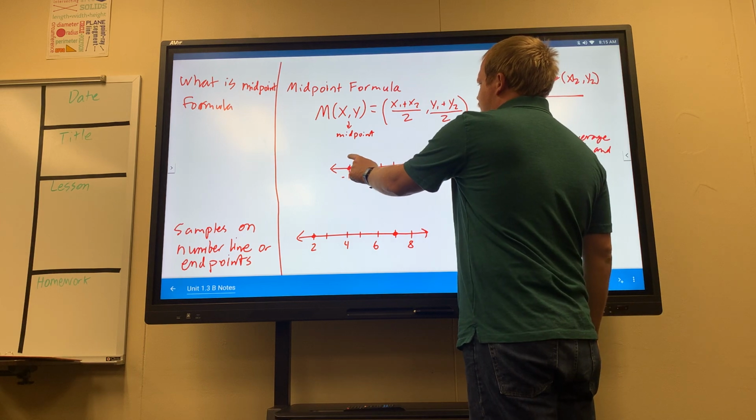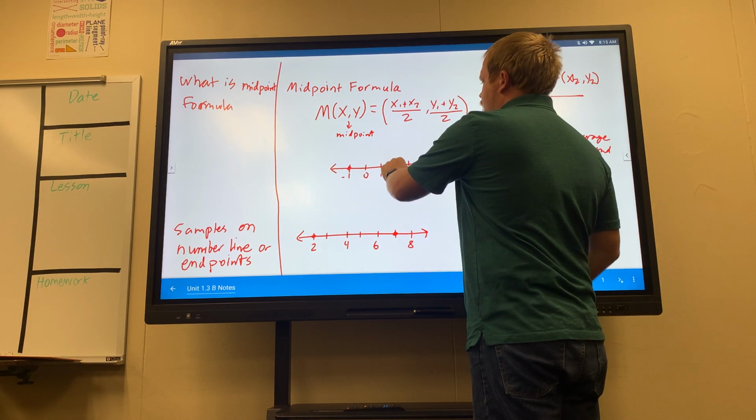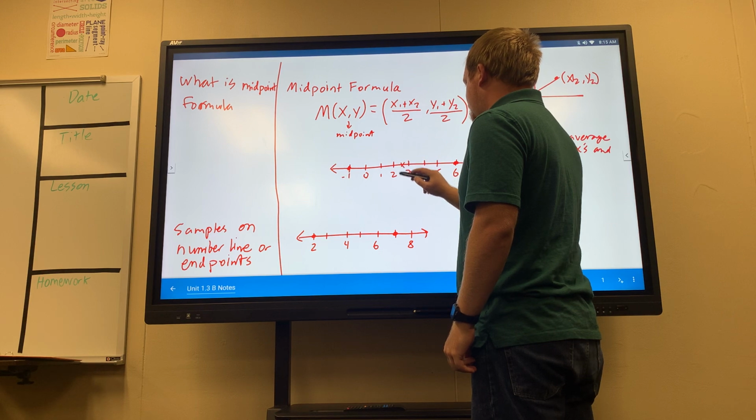So if I count 3.5 spaces, 1, 2, 3.5 is about right there.